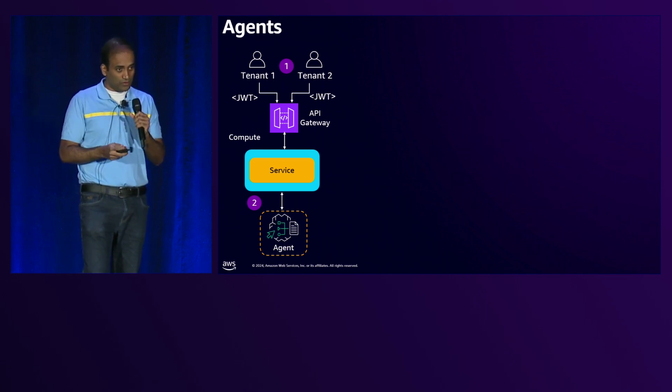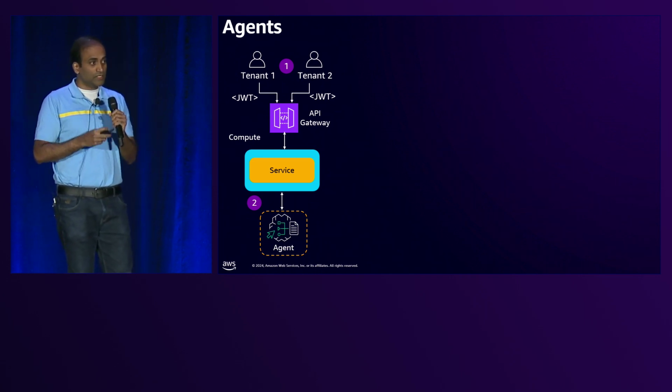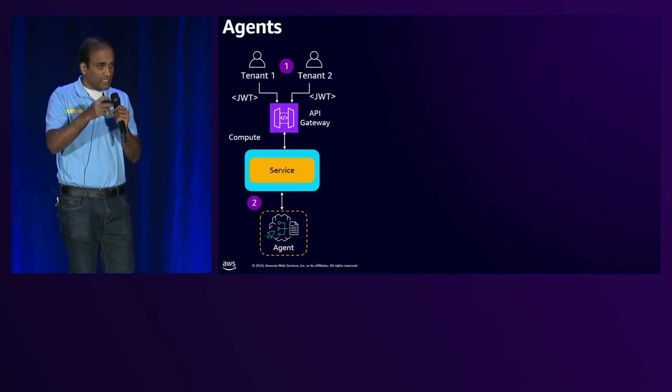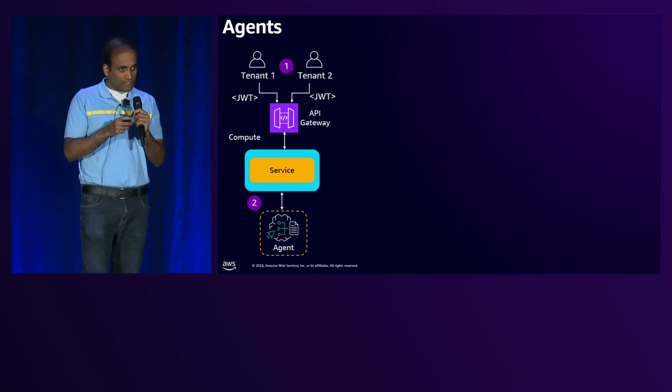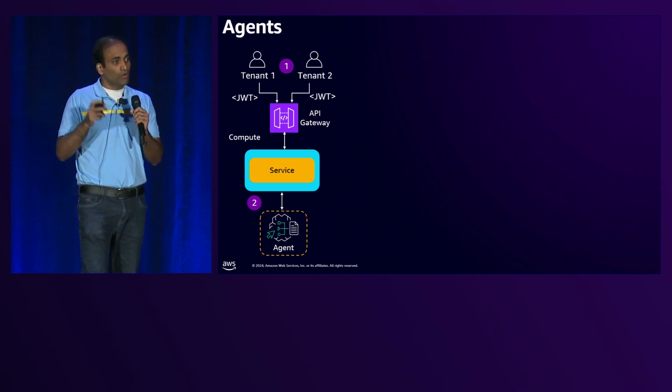So the idea here is the service can monitor the interactions the agent is making with the large language models. The way you would do that is, when the service is invoking the agent, it would enable the tracing. And once it enables the tracing, the agent will keep on sending back the tracing messages back to the service, with which you could parse and then get the number of input and output tokens.